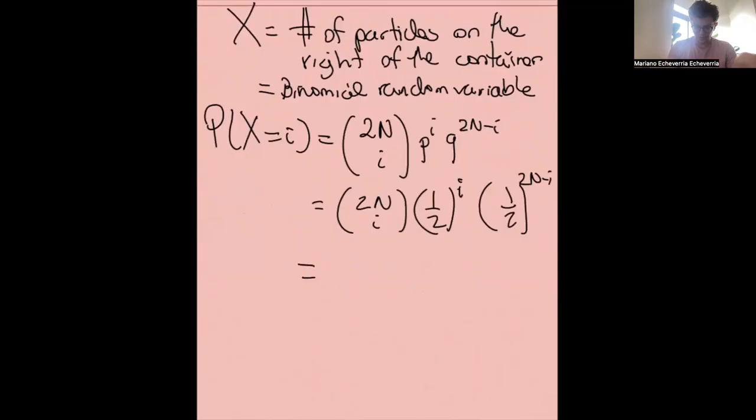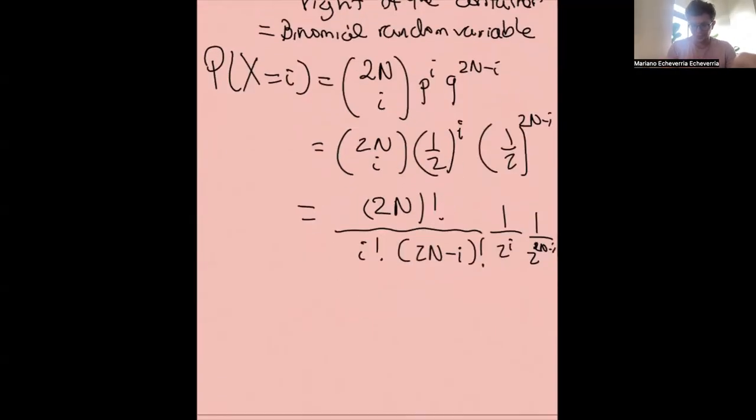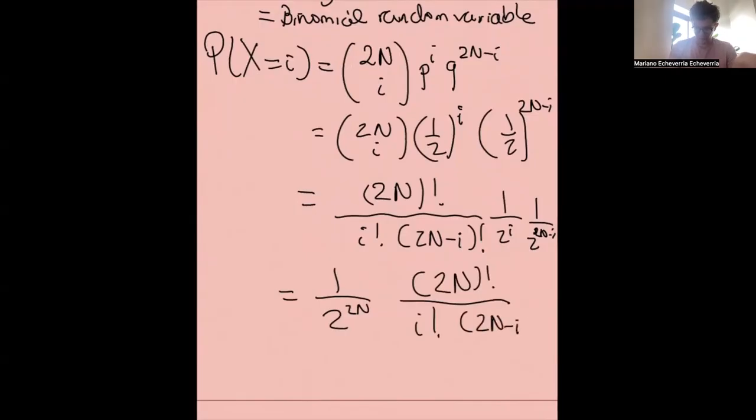If you prefer, you can write it this way: 2n factorial over i factorial times 2n minus i factorial, and 1 over 2 to the i, 1 over 2 to the 2n minus i. Maybe just to finish, the 2 to the i cancels the 2 to the negative i, so you can write it as 1 over 2 to the 2n, times 2n factorial over i factorial times 2n minus i factorial.